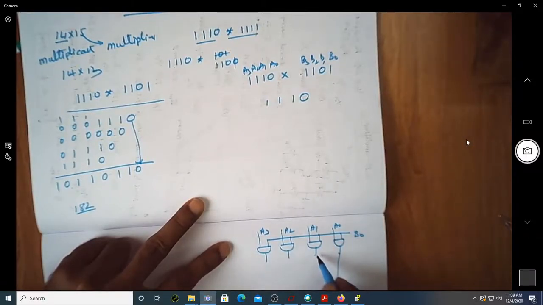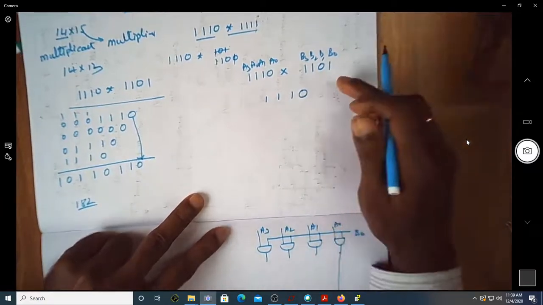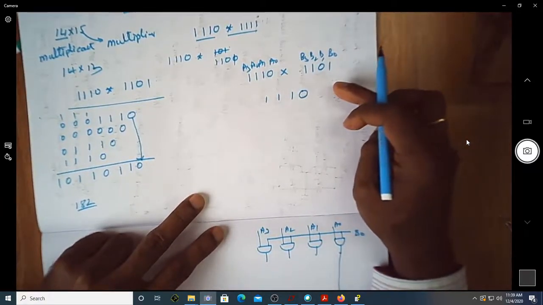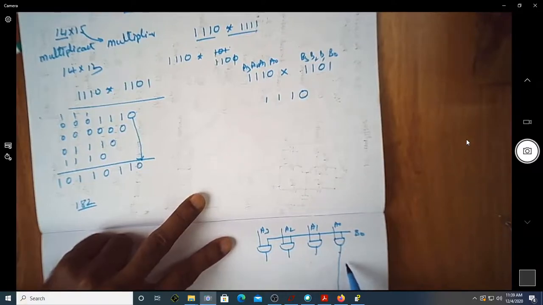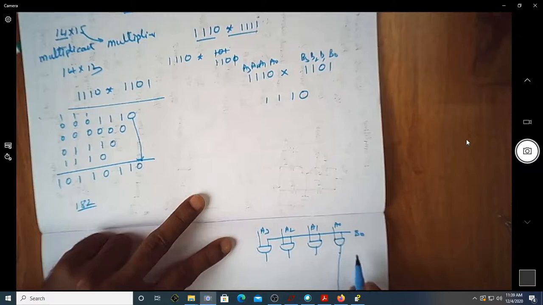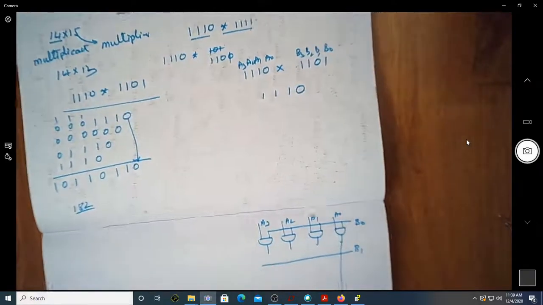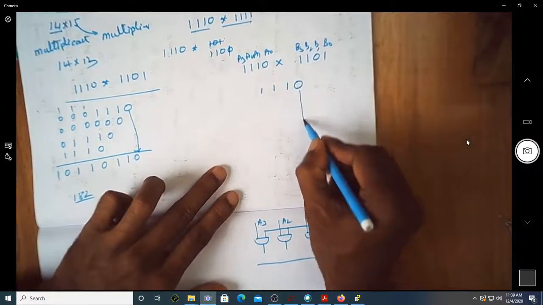Let me call it some value, and I have to consider the next bit, which is b1.